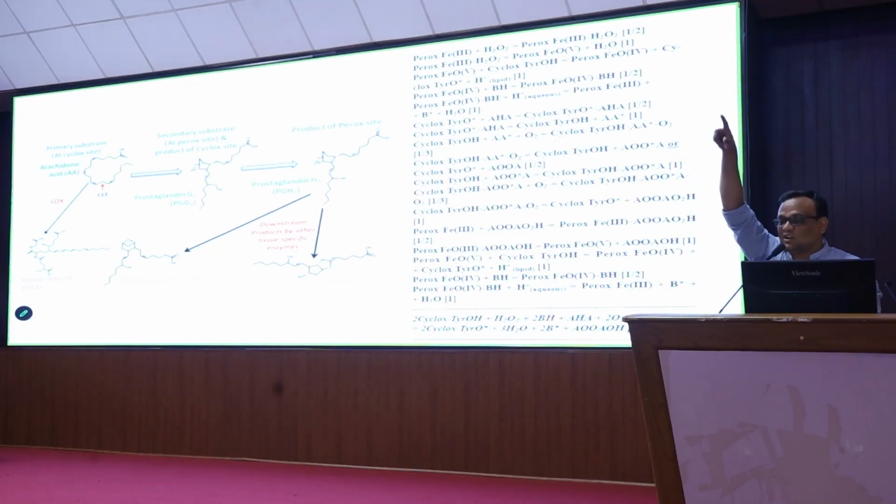It goes to the peroxidase site and then it becomes PGH2. So if this has to happen probabilistically, Murali sir did a calculation, taking all the steps and the probability considerations, and for this to happen according to the classical way, it is a probability of 1 divided by 576.